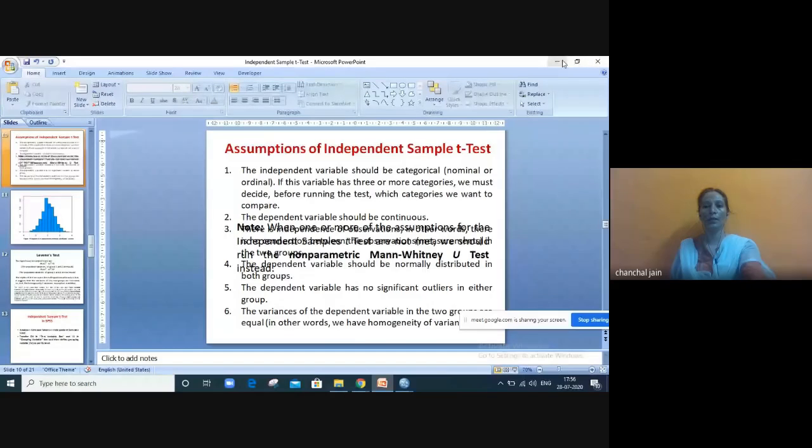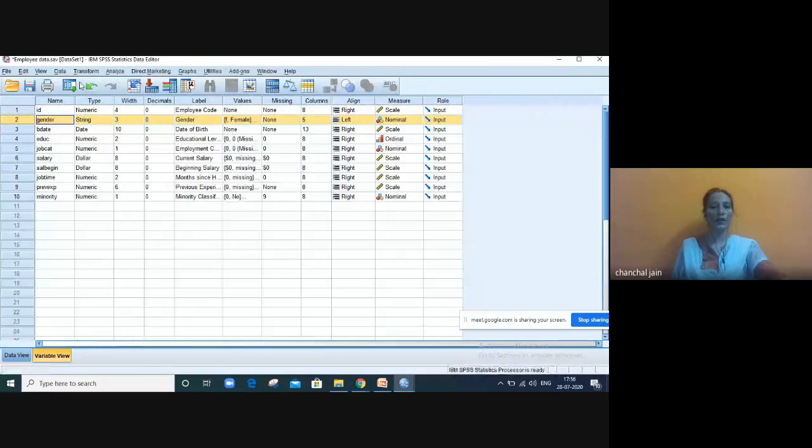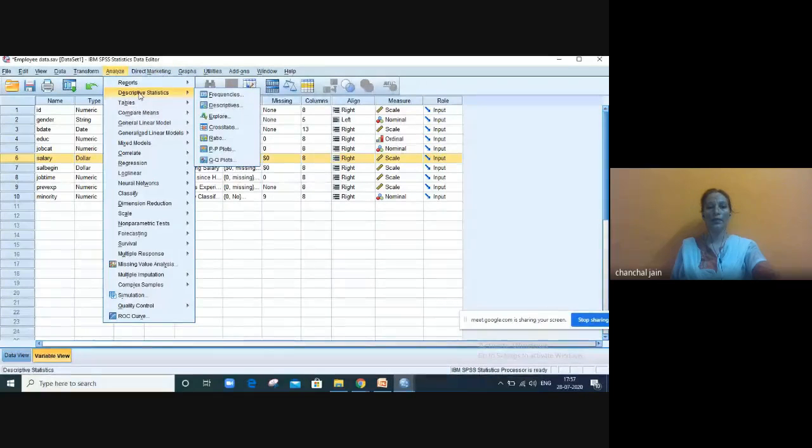So again I am coming to the SPSS window, and now we will check the normality and the outlier criteria for the dependent variable, and here the dependent variable will be our current salary. What you need to do is go to Analyze, then click on Descriptive Statistics and then select Explore. Again I am repeating, for checking the normality you need to go to the Analyze menu, then select Descriptive Statistics and then go to the Explore option.